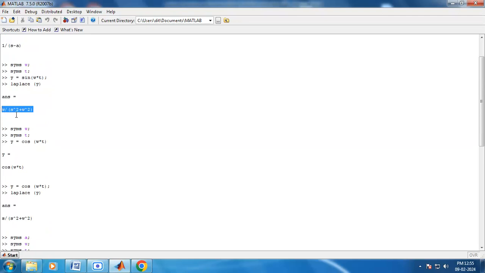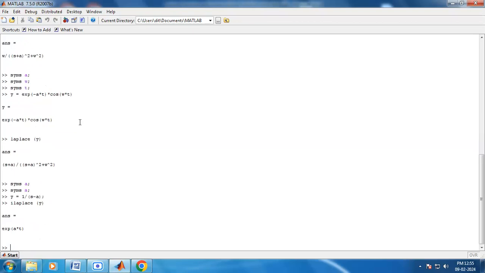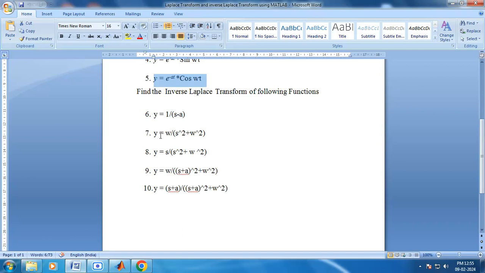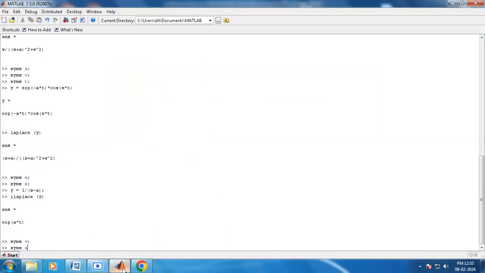Here our variables are omega and s. So first define omega and s: syms omega, syms s. Here the variables are omega and s, so we have to define omega and s.